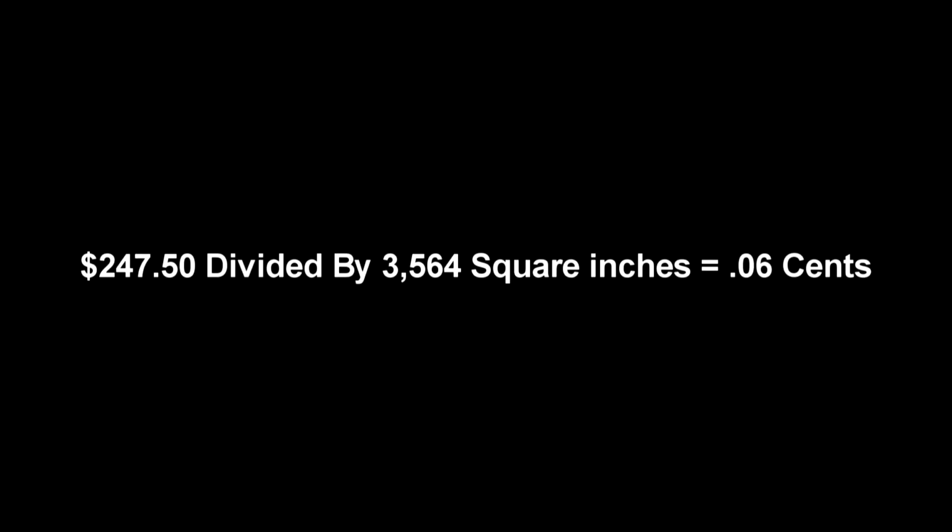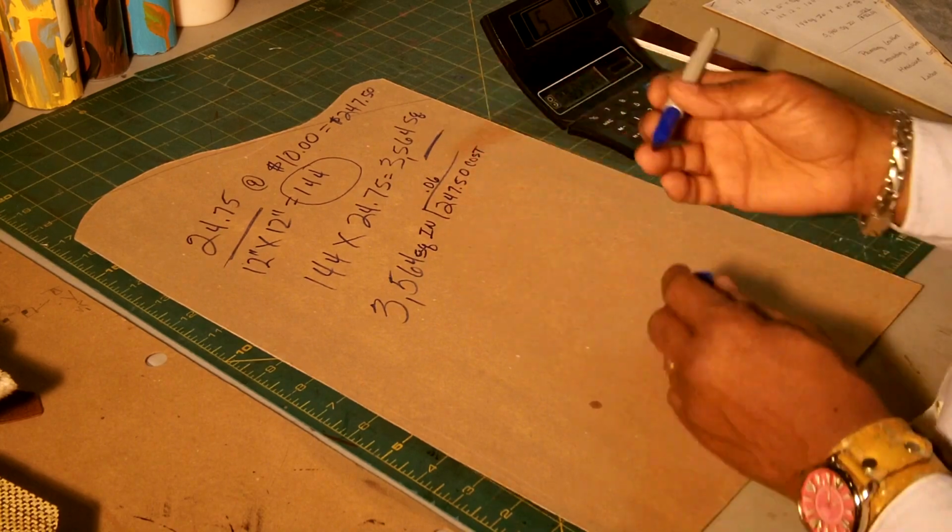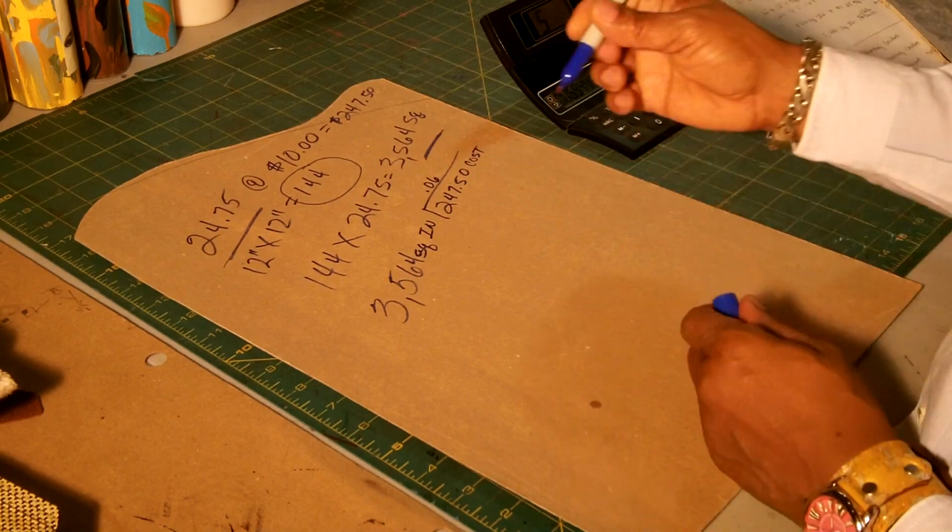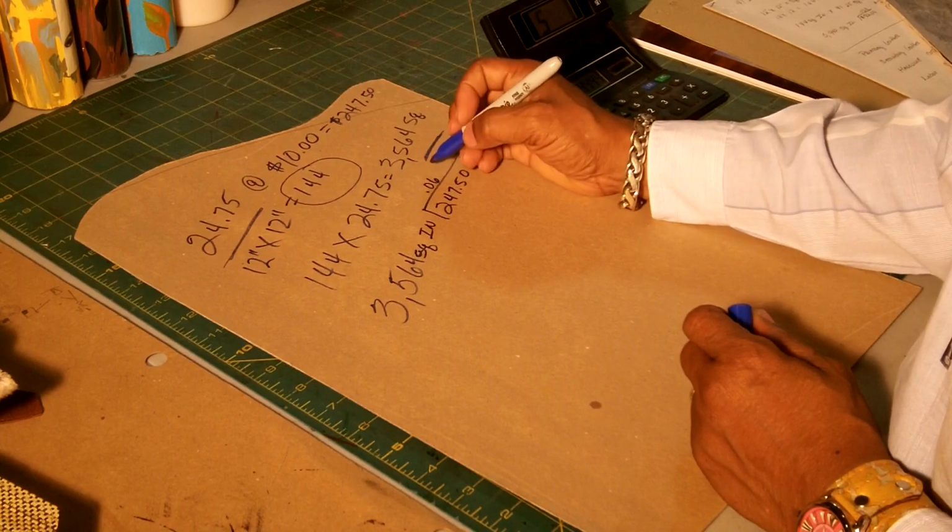So we're going to take 247.50, and we're going to divide it by 3,564, and it comes out to 0.06, and that's in cents.